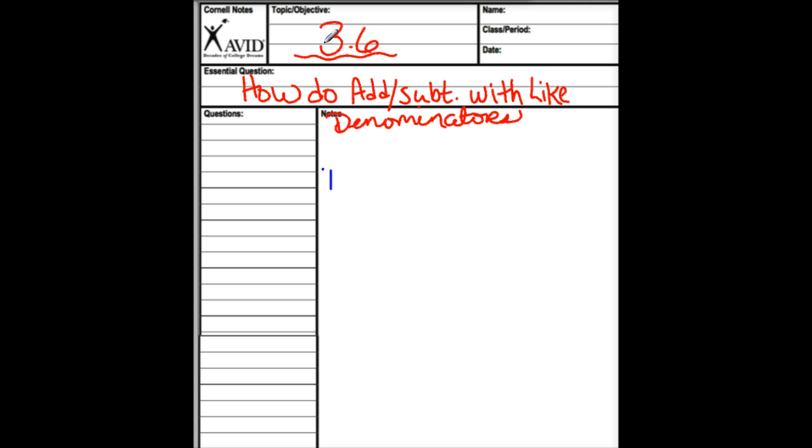Let's go back and review why from elementary school when we didn't have any variables in it. If I just had 1/6 plus, let's say, 5/6, I just keep the bottom, add the top, and then reduce when I'm done.